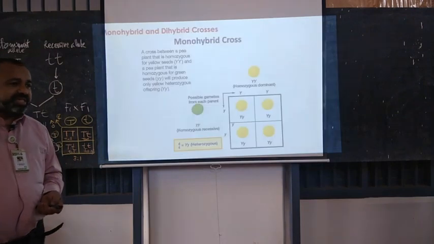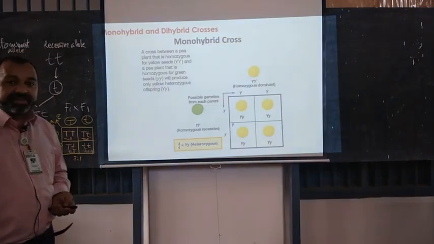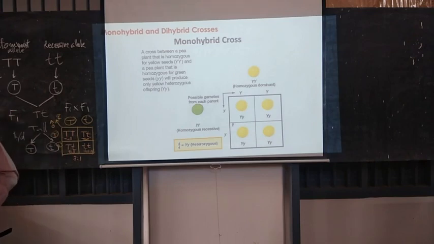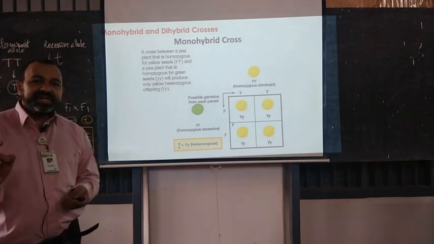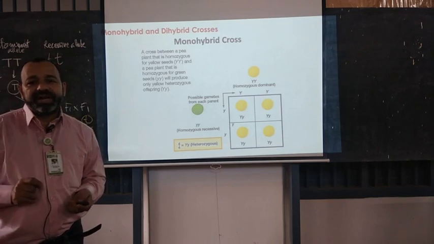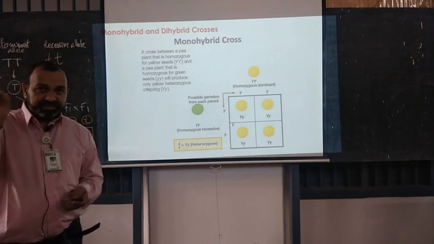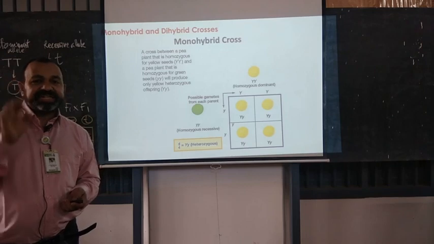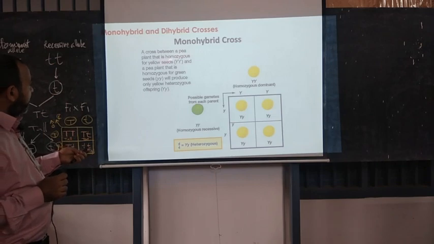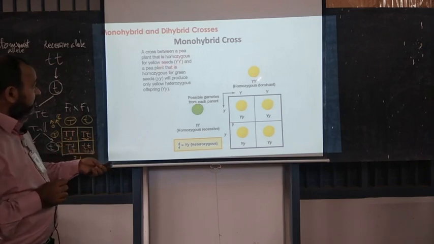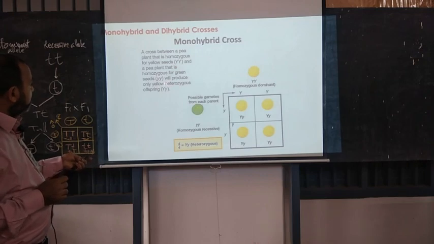Now let us move to the monohybrid cross. What is a monohybrid cross? A monohybrid cross is a cross where we consider a single pair of characters. It's a cross where we focus on a single trait. For example, here a cross between a pea plant with homozygous yellow seeds and a homozygous green seed.